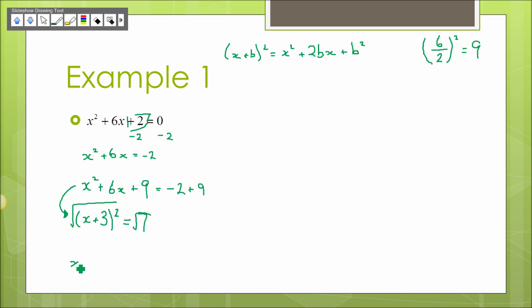So we get x plus 3, because the square root removes the squared, and that equals the square root of 7, or plus or minus the square root of 7. Remember that game that we played in class where I said I was thinking a number, and when I multiply it by itself, it equals 4.